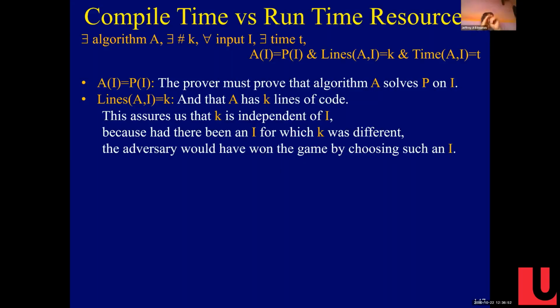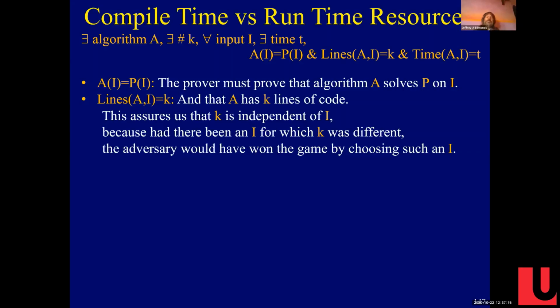But no, that's not the way the game works. You have to come up with your finite automata before you come up with the input. The number of states can't depend on the input. You can have as many states, as many lines of code as you want, but you have to tell me before you come up with the input. When I say they're constant, it means it doesn't depend on the input.